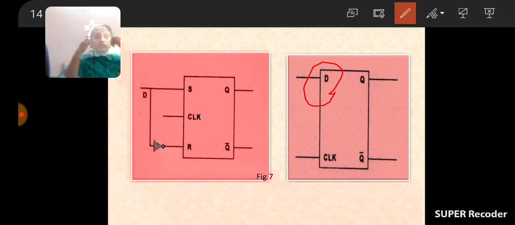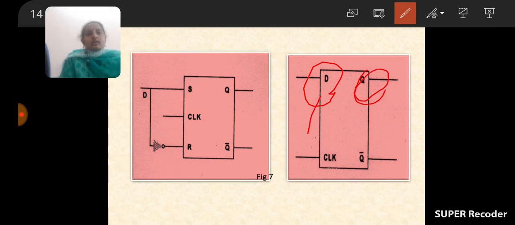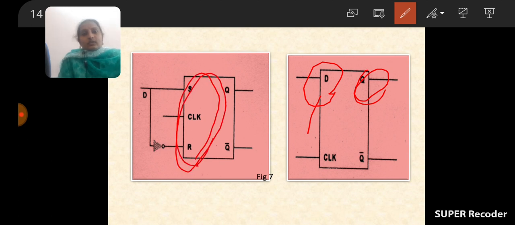In the D flip-flop, the input is indicated with D and the output is indicated with Q. What does it contain inside? SR flip-flop only, by connecting the two inputs of the SR flip-flop together.